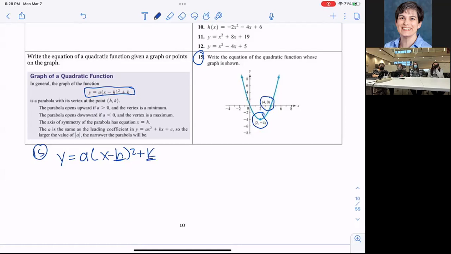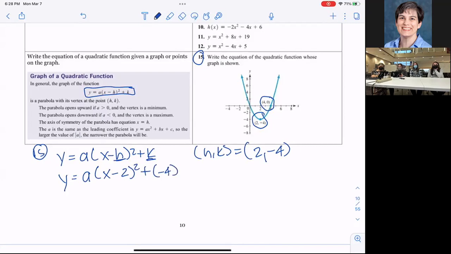And so our vertex, h comma k, is 2 comma negative 4. So we're going to say y equals x minus 2 squared plus that negative 4.